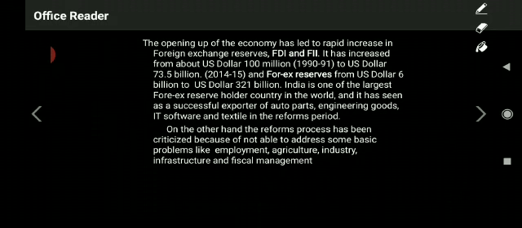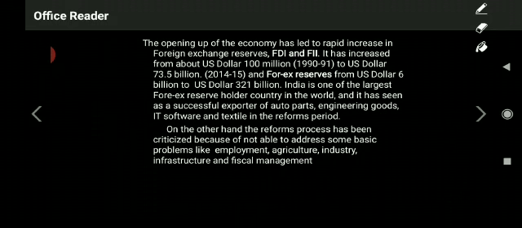It increased from about 100 million US dollars in 1991 to 73.5 billion US dollars in 2014-15. There is a tremendous increase in FDI and FII because of globalization during the reforms period. So there was a drastic increase in FDI and FII.